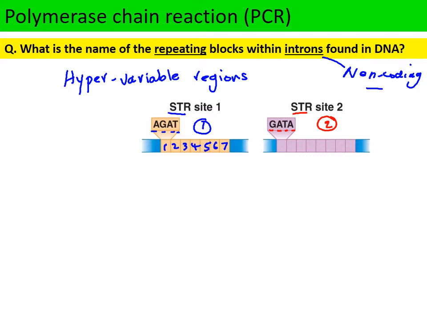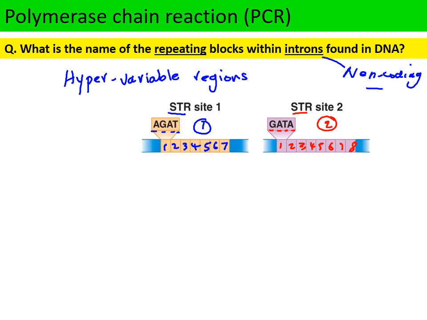Now this GATA short tandem repeat in this area is repeated 6, 7, 8 times. Now what we can do is we can amplify these hypervariable regions using PCR from a single person. Now if we did that for a second person, we can then start to compare them and look at how many repeats we find within each hypervariable region.